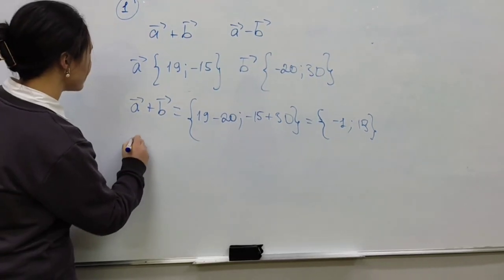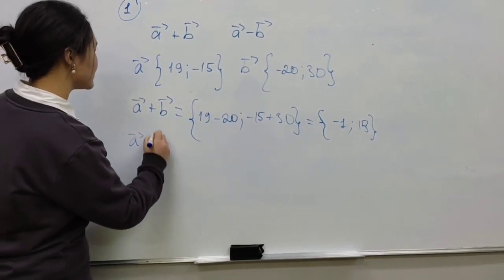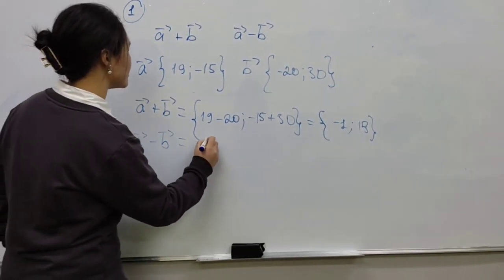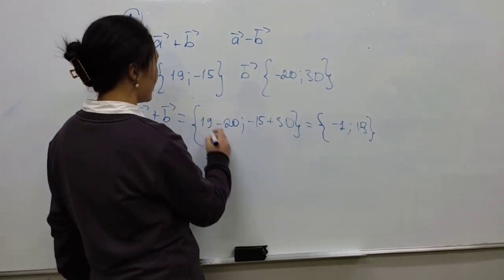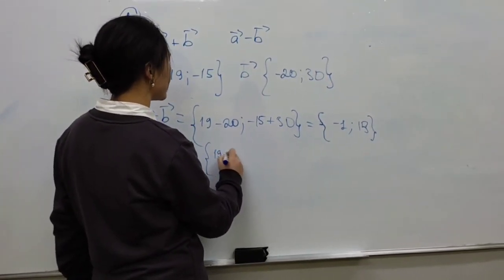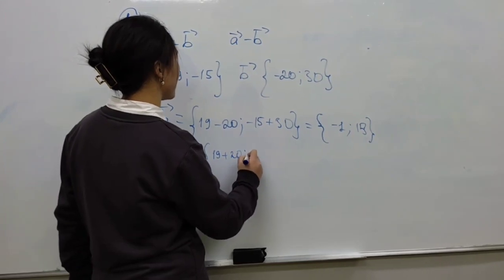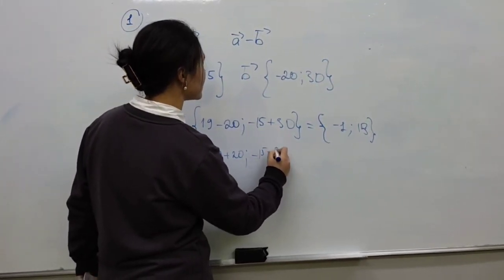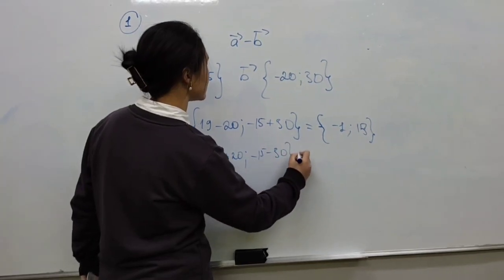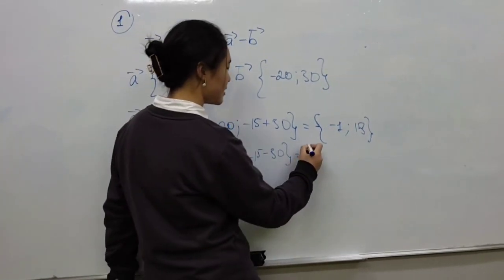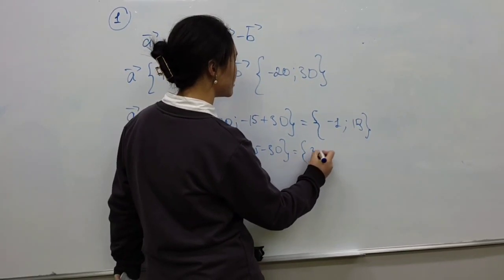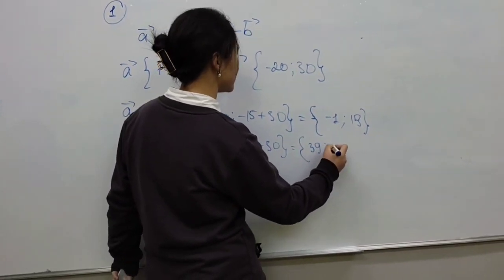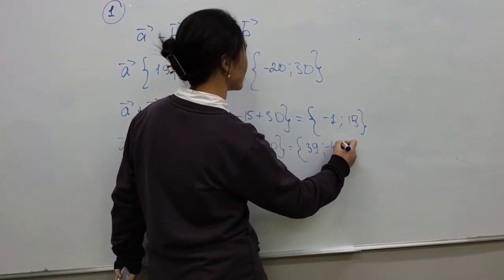Okay, the next, vector A minus vector B is equal to 19 plus 20 and minus 15 minus 30, which is equal to (39, 45).